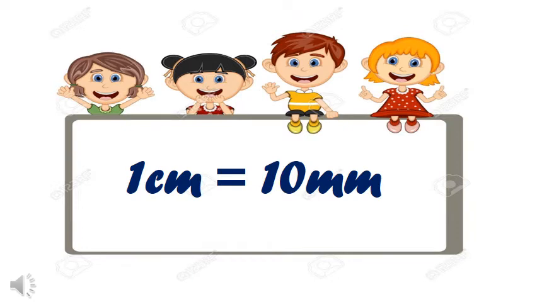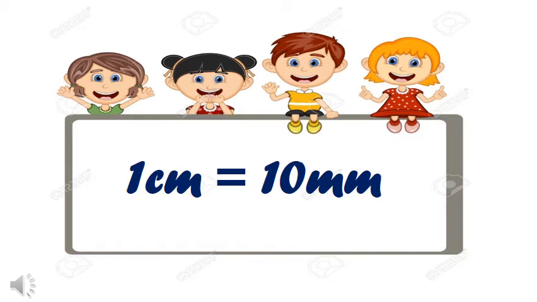Okay kids, let's see how to convert centimeters to millimeters. Both centimeters and millimeters are derived from the meter, a measurement of distance used in the metric system. The prefix centi means 100, so there are 100 centimeters in every meter.